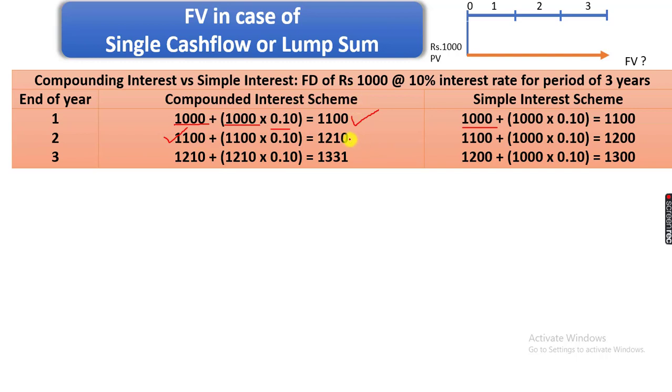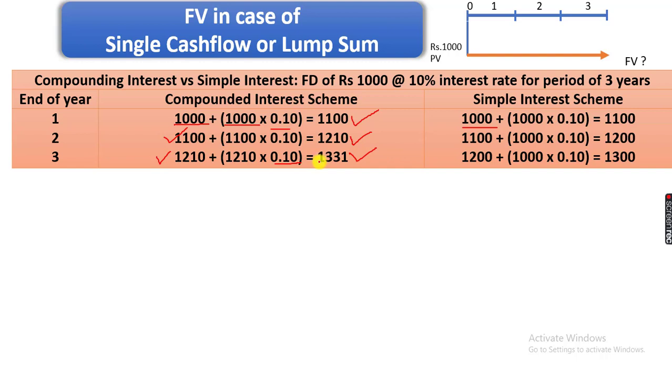So, at the end of the second year, the value of 1000 rupees is 1210 rupees. And this 1210 rupees will become principal for third year. 1210 rupees on which 10% interest is calculated will give us 1331 rupees.